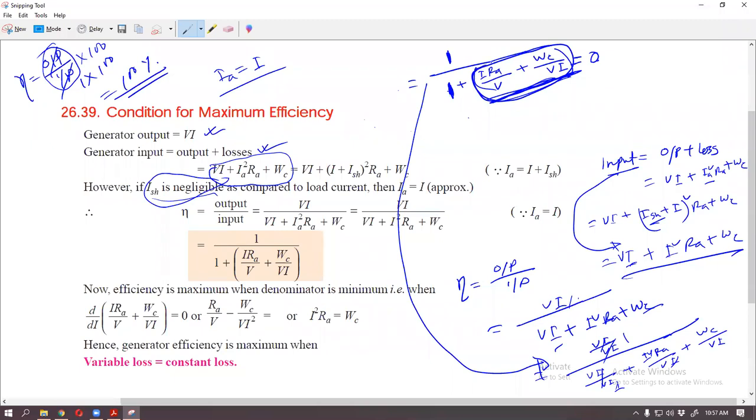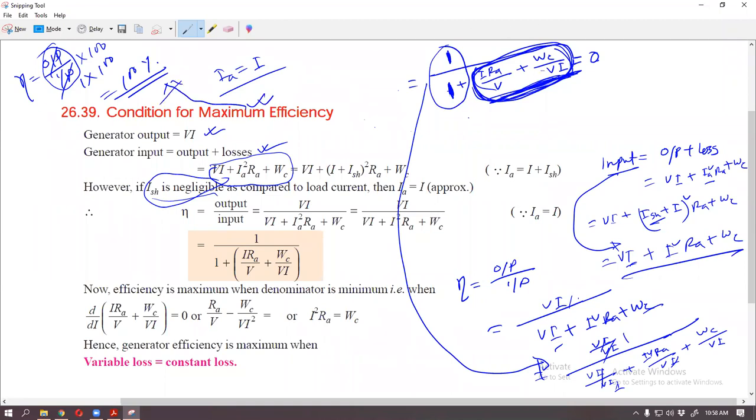If this part is equal to 0, then it should be 0 plus 1, which is 1. This is the condition. If this part is equal to 0, then your efficiency is maximum, meaning 100% efficiency.